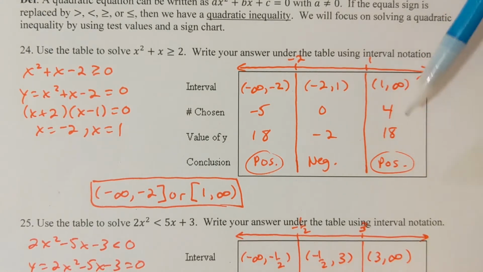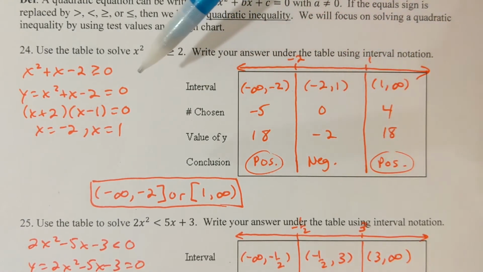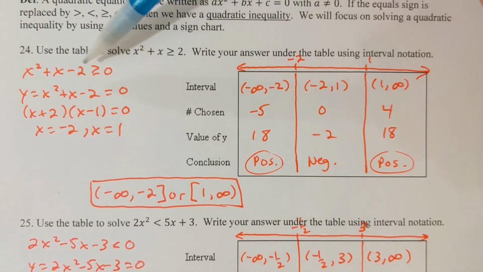Okay, so now that my chart is complete, I'm going to see whether I'm going to use the positive or the negative conclusion. How I'm going to figure that out is I'm going to look back at the inequality here, and I've got an expression that is greater than or equal to 0. Numbers that are greater than 0 are positive numbers.